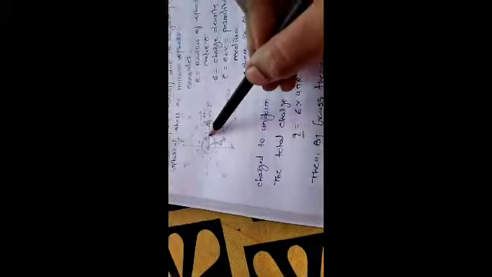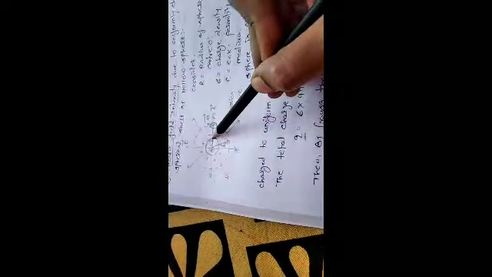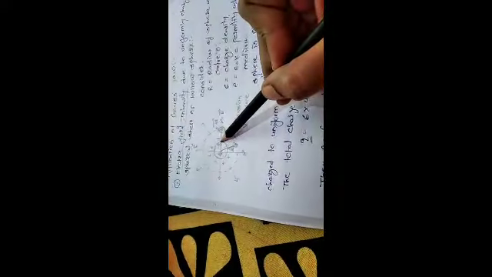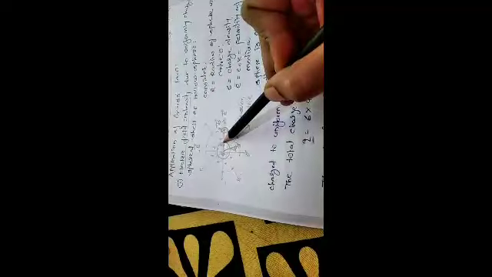So there are two cases. Case 1: if P lies on the surface of the charged sphere, instead of this point, if this point P is on the surface of the charged sphere, then what will happen? The small r and the capital R will be equal.